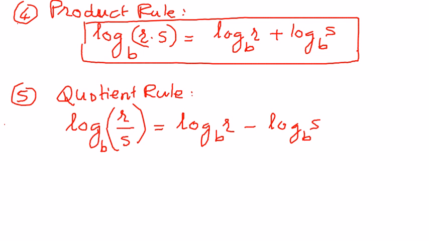It looks very similar to the product rule, but in this case we have a negative sign. In the product rule we have a positive sign. In the quotient rule we have a negative sign. So this is the quotient rule.